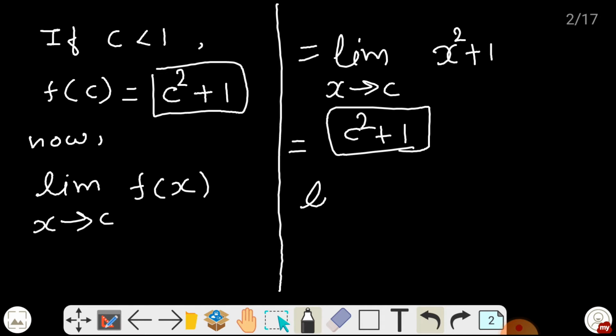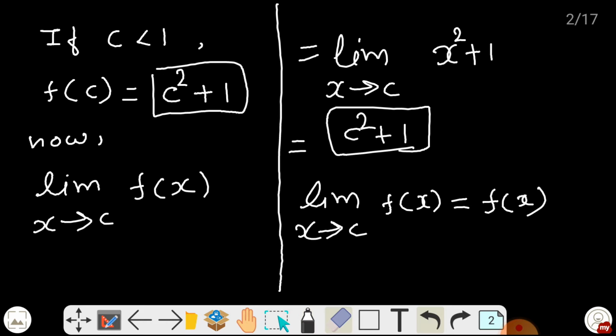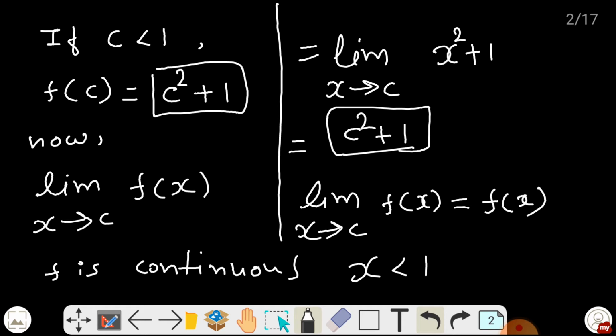So we can write limit x tends to c f of x is equal to f of c. So that's why we can say that the function is continuous at c less than 1. So we can write f is continuous at all points when x is less than 1.